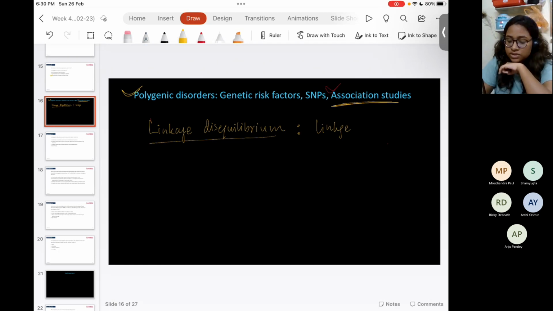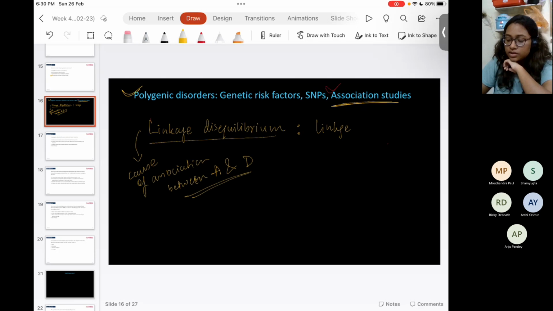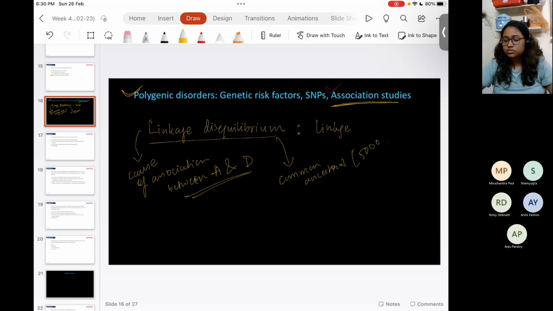So this linkage disequilibrium can be the cause of association between, say, allele A and disease D, given the case that the people in question had a common ancestor, but this ancestor was very long back, say 5,000 years ago.